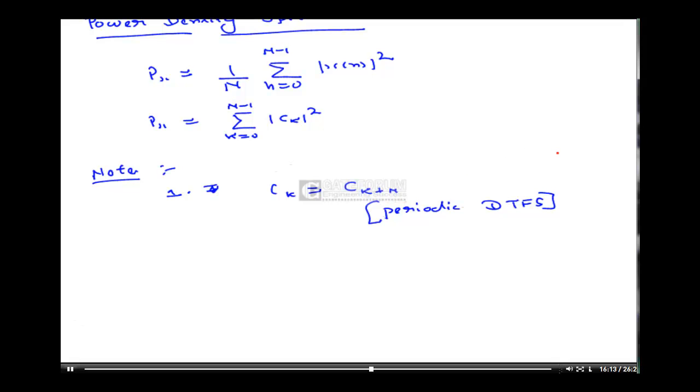Next property will be regarding the symmetry properties. So if this is true, then I can write mod C0 equal to mod CN, mod C1 equal to C of N minus 1, and C of N by 2 equal to C of N by 2 if N is even.